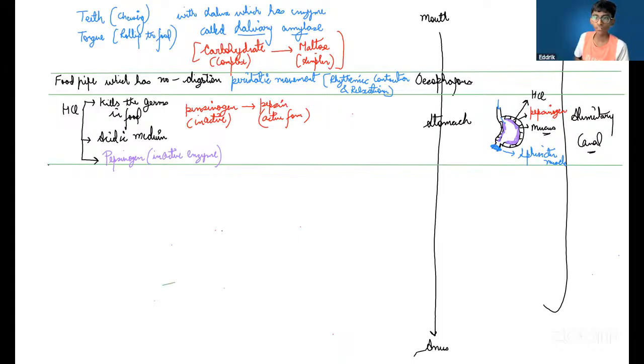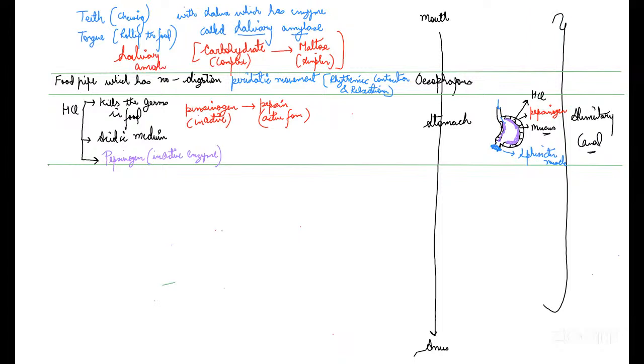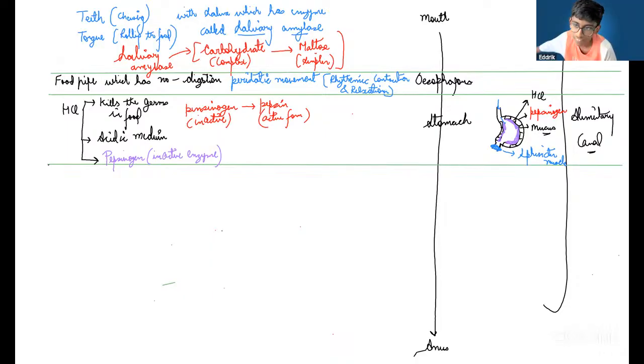Sir, what happens if there's no HCl? Then the pepsinogen will not activate. That's why HCl is released every time. Understood?